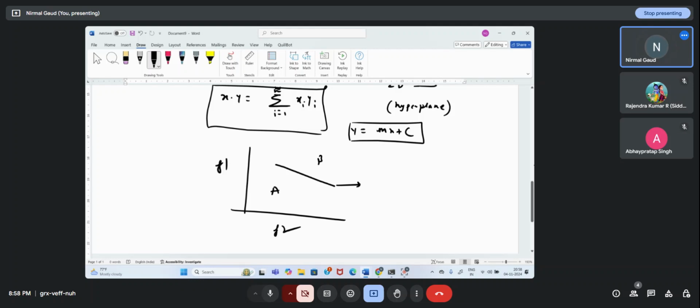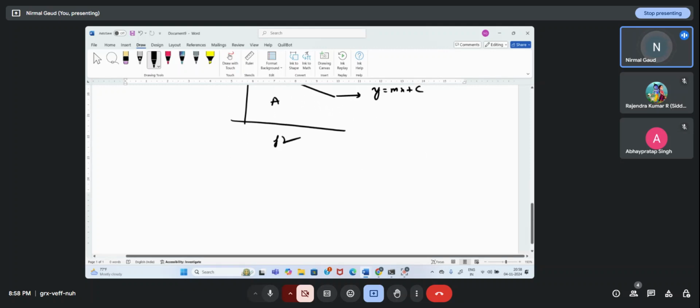Two features, two classes divided by a line. The equation of the line is y equal to mx plus c. M is the slope, C is the intercept.